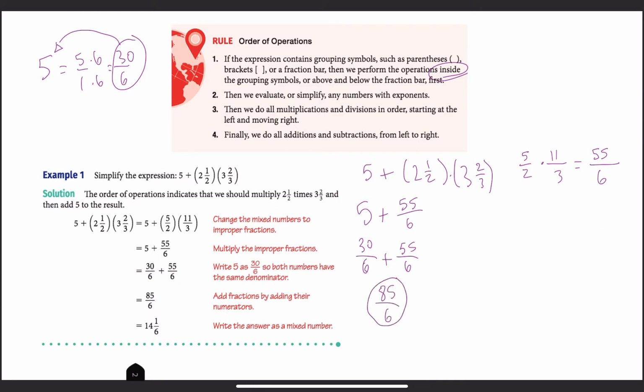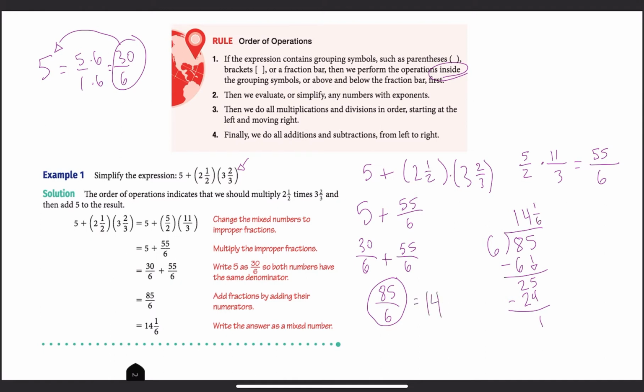Now I could leave it like this. This is a correct answer, but since my initial problem was in mixed numbers, I really should get a mixed number. So I'm going to go ahead and divide. 6 will go into 8 once, with 2 left over, and then we bring down our 5. 6 will go into 25 4 times, because 4 sixes is 24, with 1 left over, so 1/6 left over.